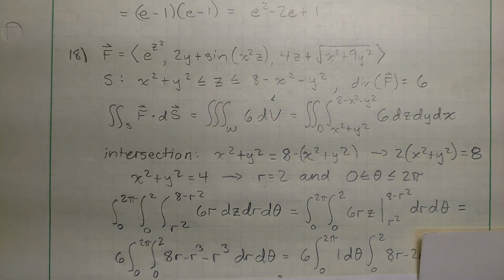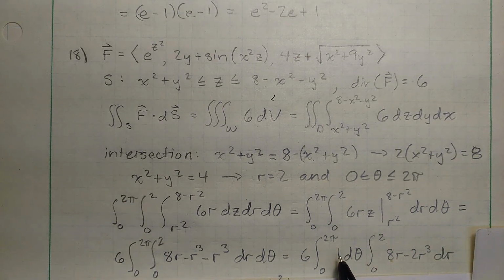So we've got this 6. Now I'm breaking it up into 2 separate integrals. So I'm thinking 1 times, and this would be 8r minus 2r cubed. So I'm breaking it up into the integral of 1 d theta times the integral from 0 to 2 of 8r minus 2r cubed.